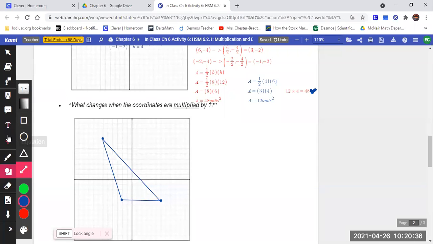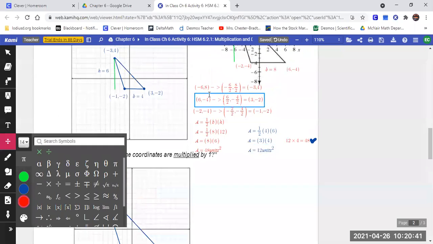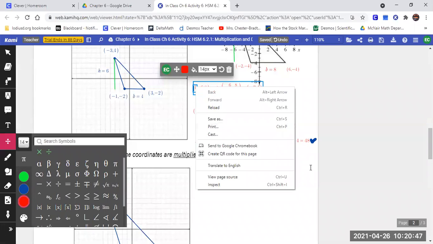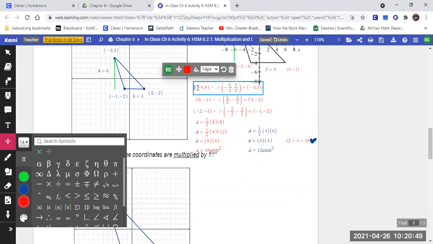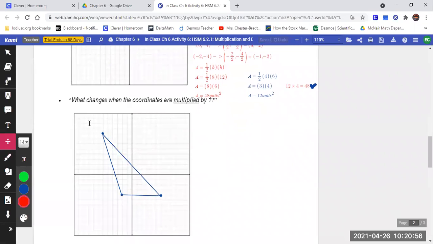What are we going to say is our sentence answer to their question? What changes when the coordinates are multiplied by 1?